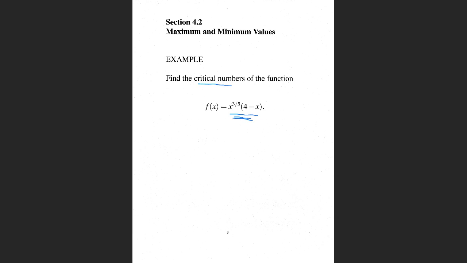What if you had to graph the function f of x equals x to the 3/5 power times 4 minus x, without a calculator? Could you do it? Well, you can, knowing calculus. And knowing calculus, there are things you can learn about the function that the calculator can't tell you, well, you'll see.